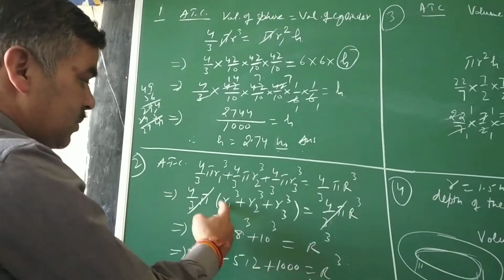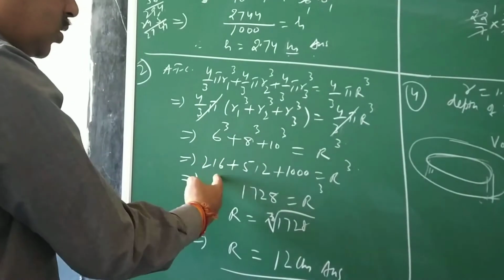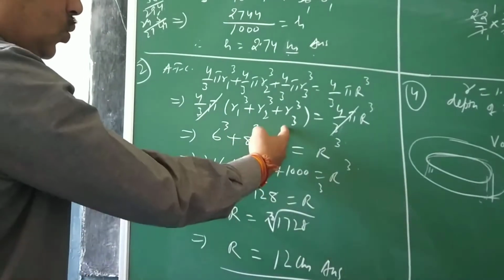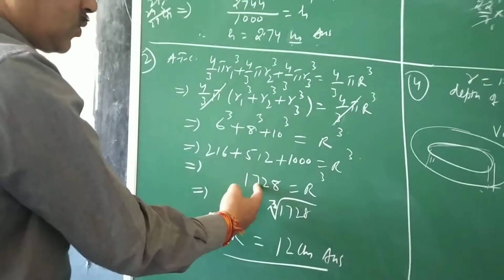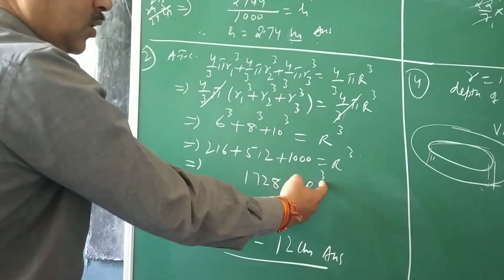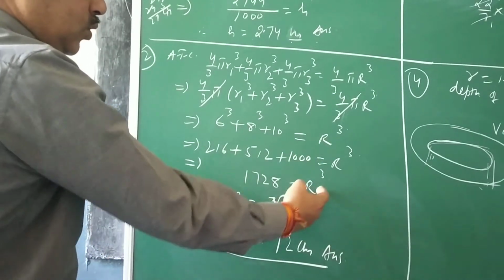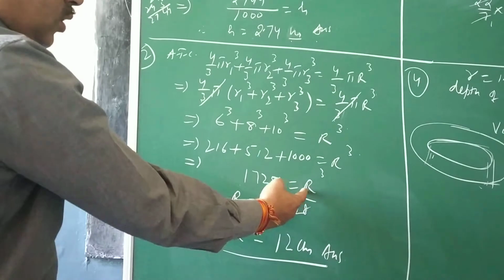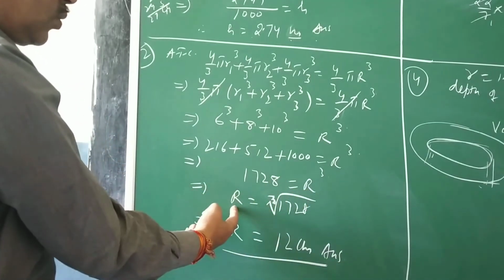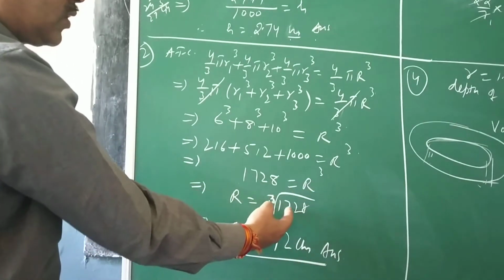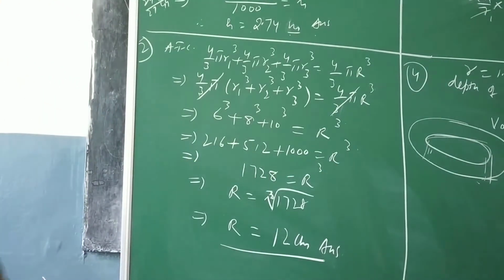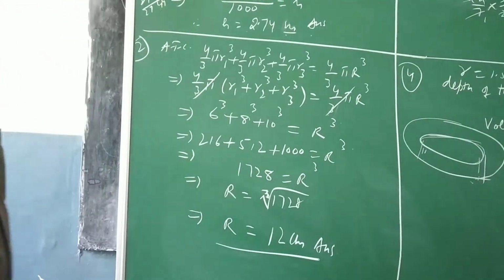Then put these values there: 6 cube is 216, 8 cube is 512, 10 cube is 1000, and 1728 is equal to r cube. When you have to calculate the cube, take the cube root of both sides, so the radius is equal to the cube root of 1728, and that will give you 12 cm.